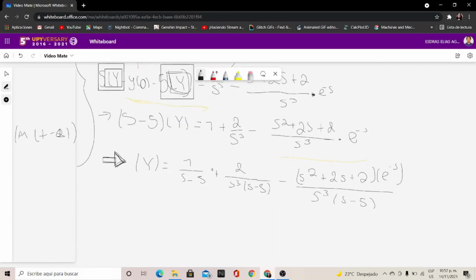Then we pass s minus 5 to the other side, and finally we have 1 over s minus 5 plus 2 over s cubed times s minus 5, minus s squared plus 2s plus 2 times e to the minus s over s cubed times s minus 5.